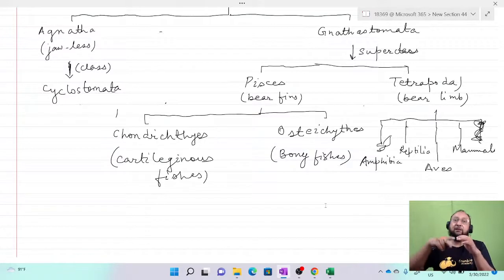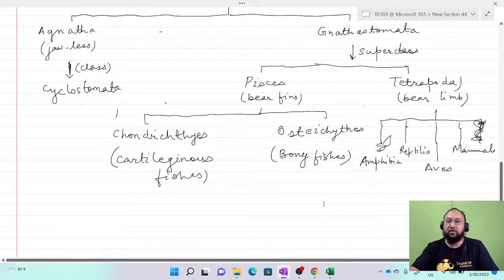Bipedal means we walk with the help of the hind limbs. So Tetrapoda is divided into four classes: Amphibia, Reptilia, Aves, and Mammalia. This is the overall picture, and you should remember this, of how the subphylum Vertebrata is divided.